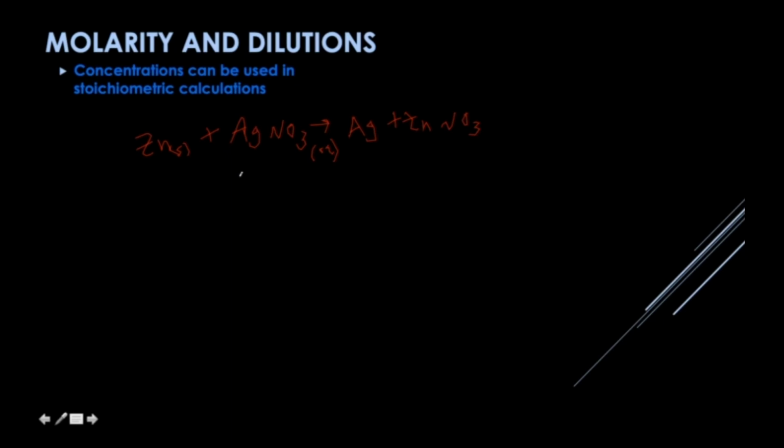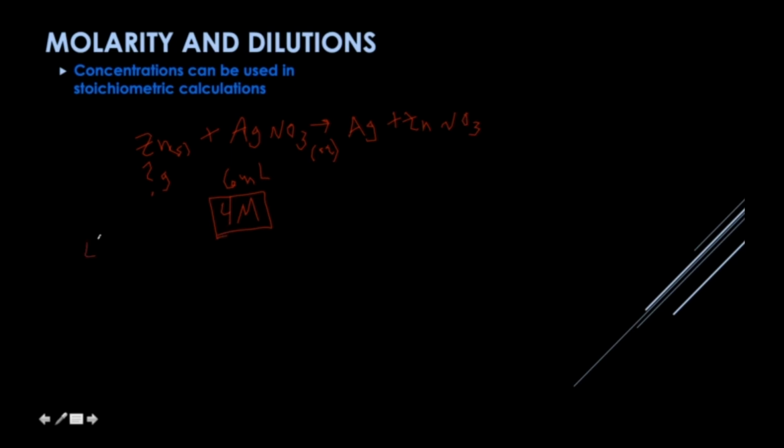So let's say you had a question that said you have a 6 milliliter amount of 4 molar silver nitrate. How much zinc, mass-wise, do you need to react? Well, we can use all of our information to do this. First, you're always going to want to start with anything that has moles in it or can get you to moles of something.